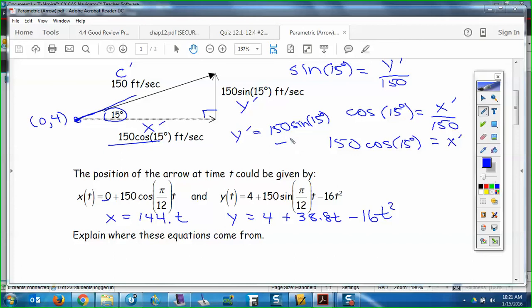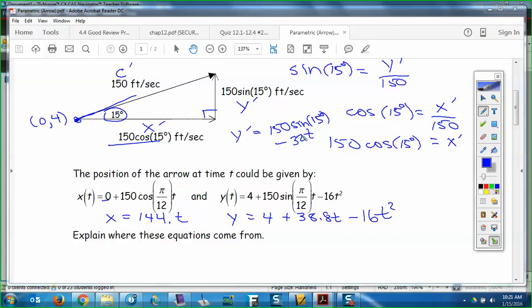So minus 32t. That's where that comes from. It starts with this velocity vertically, but as soon as it's released, gravity starts decreasing it 32 feet per second times every second, and that's why there's a t on it.